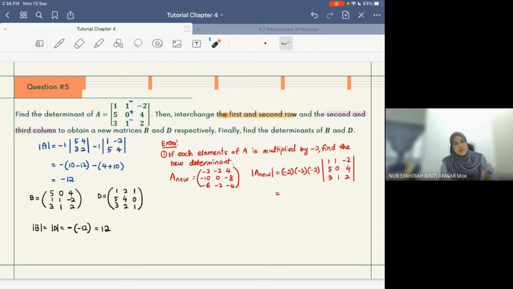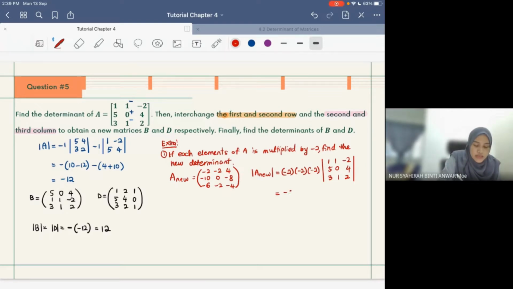So dalam properties of determinant ada satu properties yang bila kita darabkan satu kolom ataupun satu row tersebut dengan satu constant sahaja, so kita hanya akan keluarkan constant itulah, contohnya macam ni. Ini -2 saya keluarkan 3 kali sebab setiap kolom ini kita darabkan dengan -2. Okay, so kita tahu dah determinant of matrix A ini adalah berapa tadi? -12 kan?